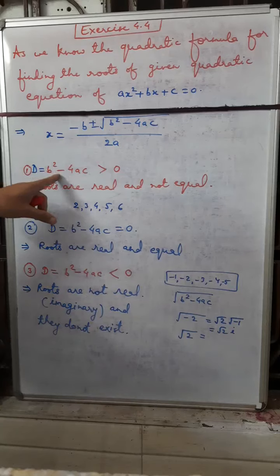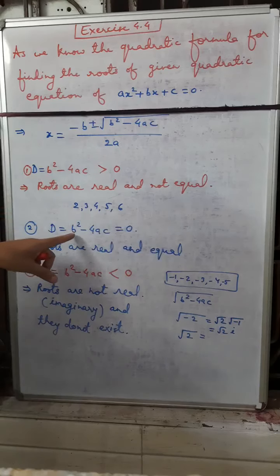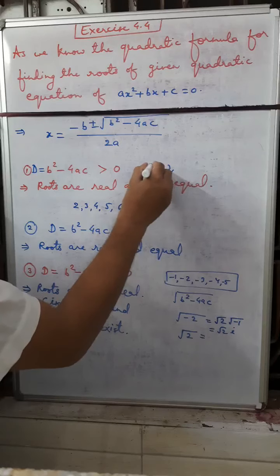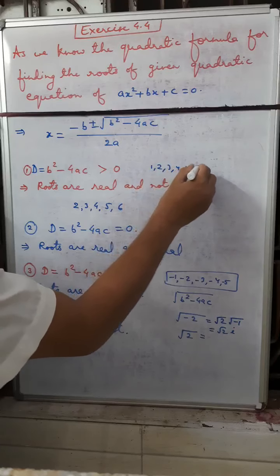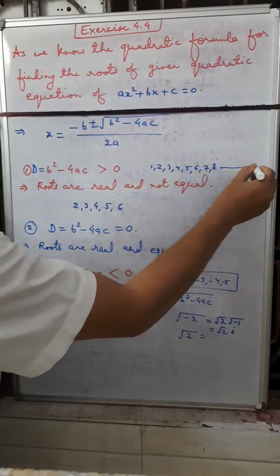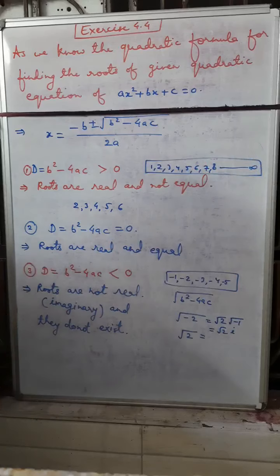So there are three conditions: b square minus 4ac greater than 0, D is equal to b square minus 4ac is equal to 0, and less than 0. Greater than 0 means values 1, 2, 3, 4, 5, 6, 7, 8, up to infinite values, so you can find the value of the under root.